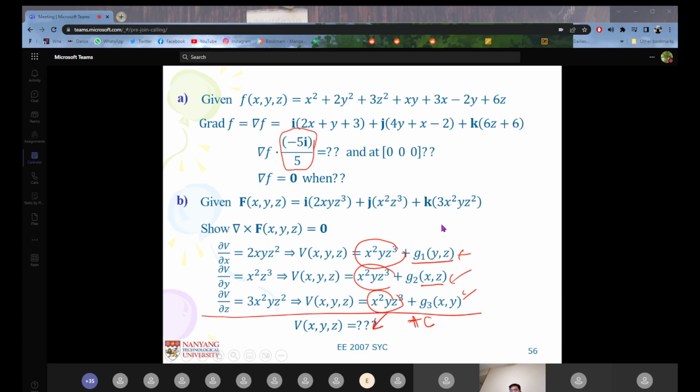So you have very complicated functions. Okay. So this approach is much easier: use the scalar function, the potential field, to evaluate the work done, which is the difference of the 2 potentials at 2 different points. And that is independent of the contour that you take. I only worry about the potential at the final point minus the potential at the initial point.